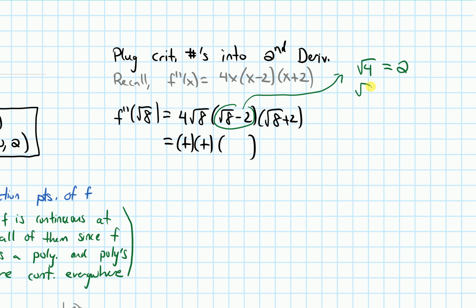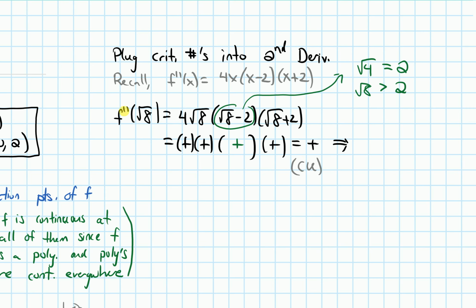So that means root 8 must be bigger than 2, because it's bigger than root 4. So root 8 minus 2 is going to be positive. And then root 8 plus 2, well, that's definitely positive. Okay, so all these positives multiply to give me a positive number. And that means our original function is concave up at this point.